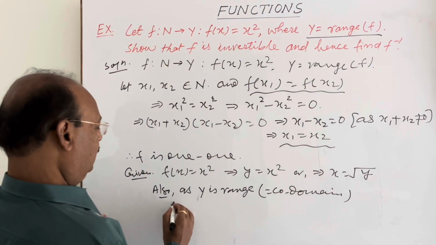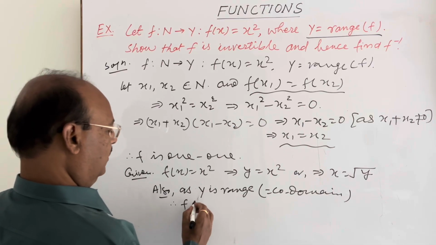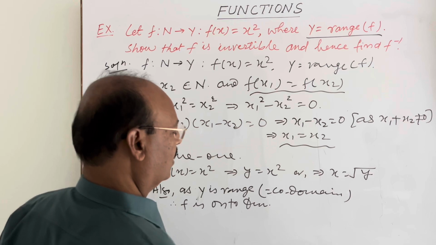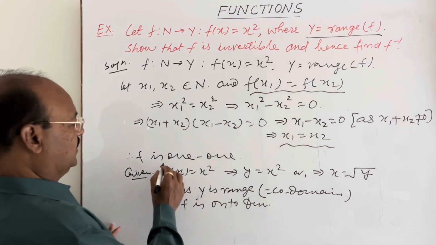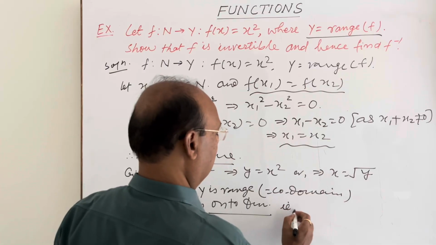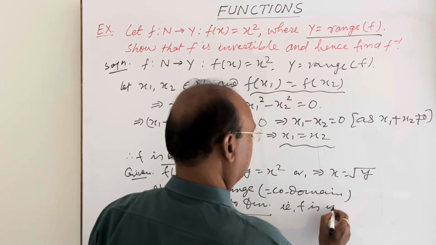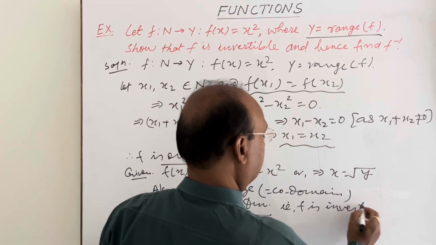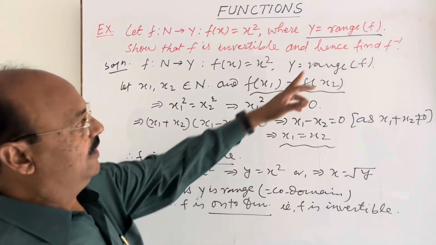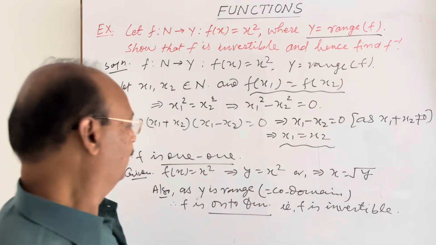So therefore this function f is onto function. And as this function f is one-one and onto, this is invertible, that is f is invertible. We can find its inverse. So now we have to find f inverse also.